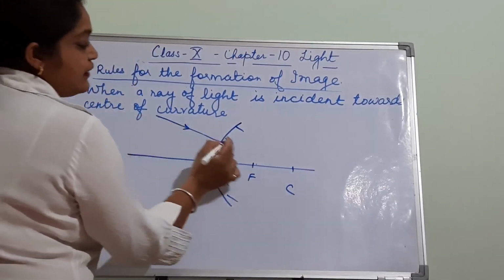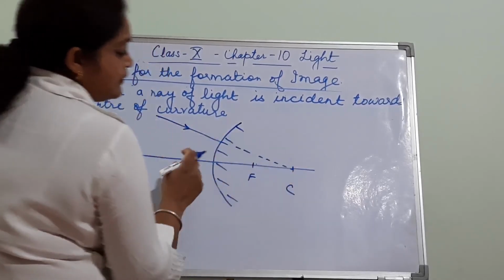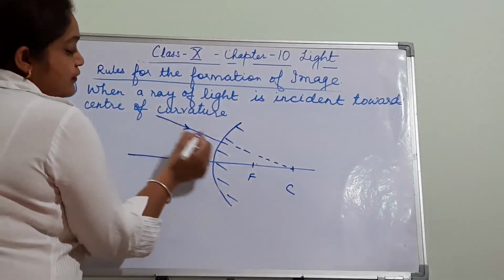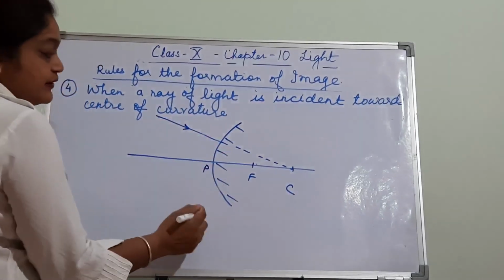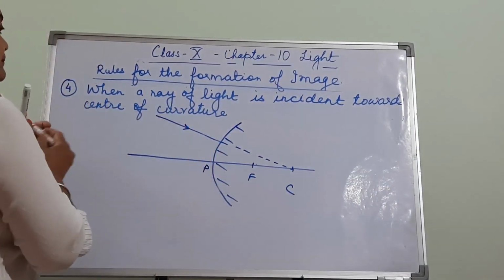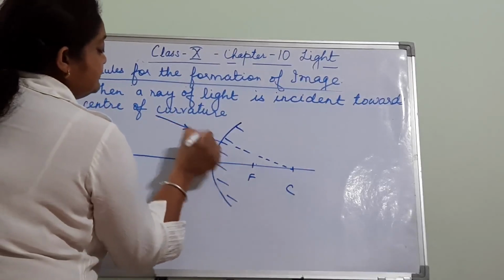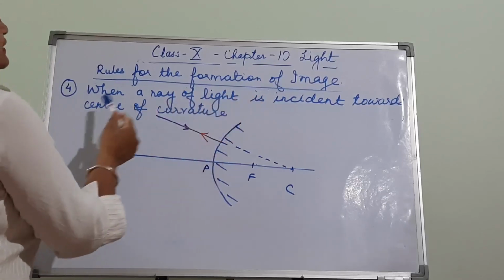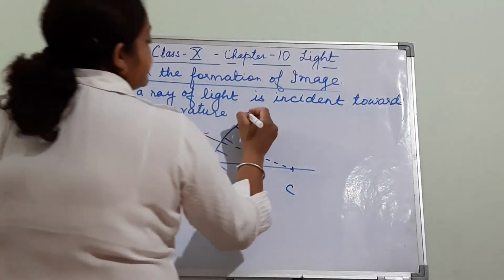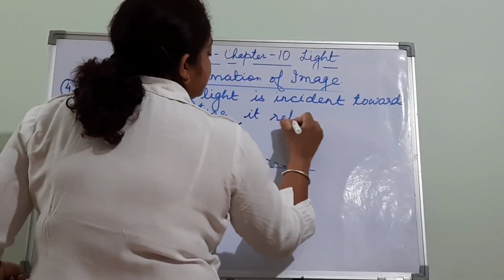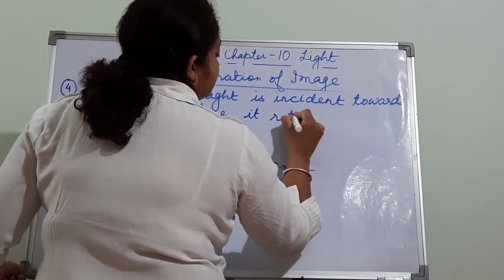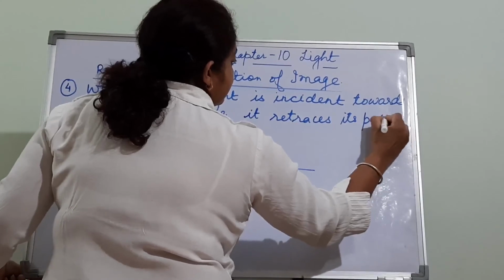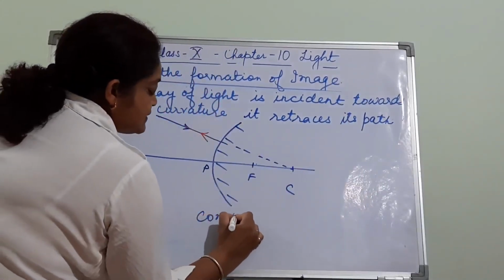So this is incident ray. When you produce this ray, it appears as if it is directed towards center of curvature. So from this convex mirror, this ray will retrace the path. So this will be the reflected ray. So when a ray of light is incident towards center of curvature, it retraces its path. This is for convex mirror.